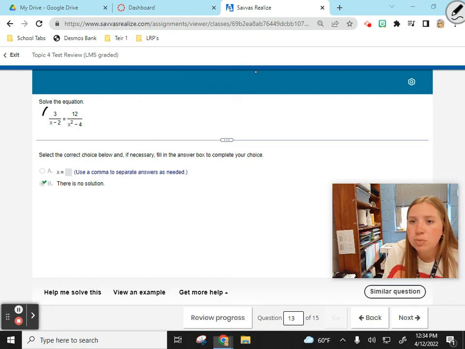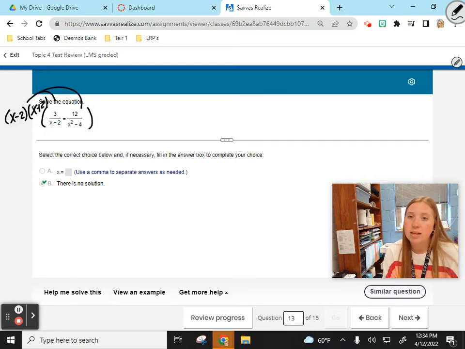If you wanted to, we could have just multiplied by the LCM here, which is x minus 2 times x plus 2. And we could have distributed that. And I got that from factoring this denominator.